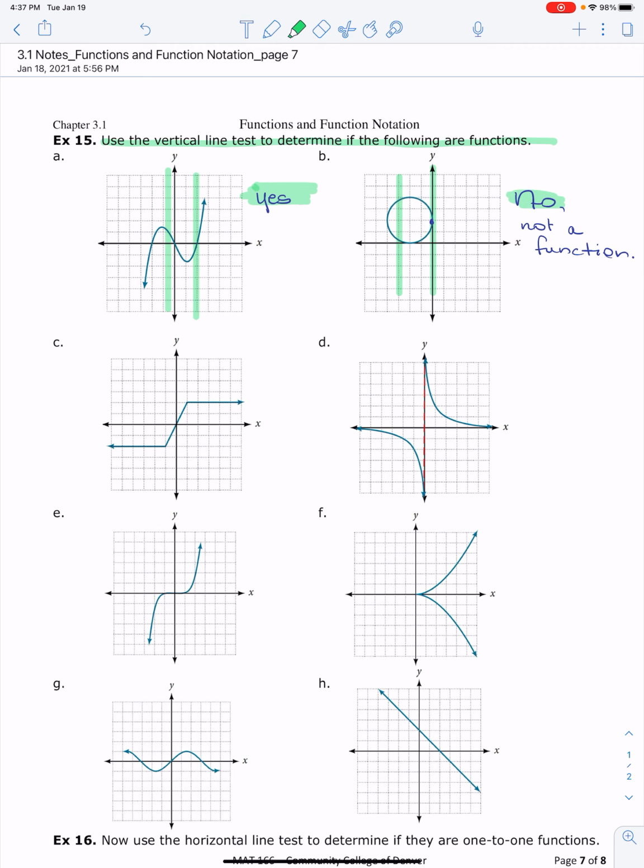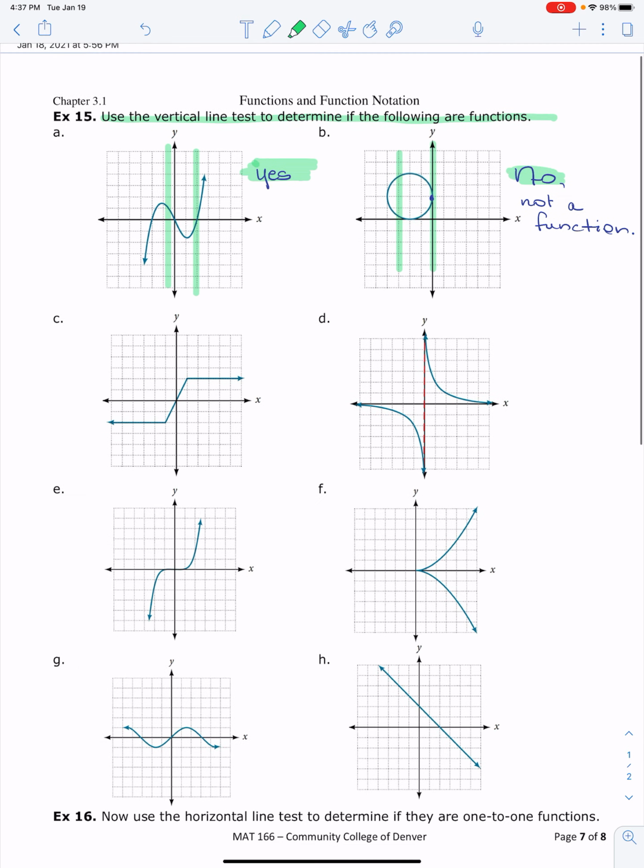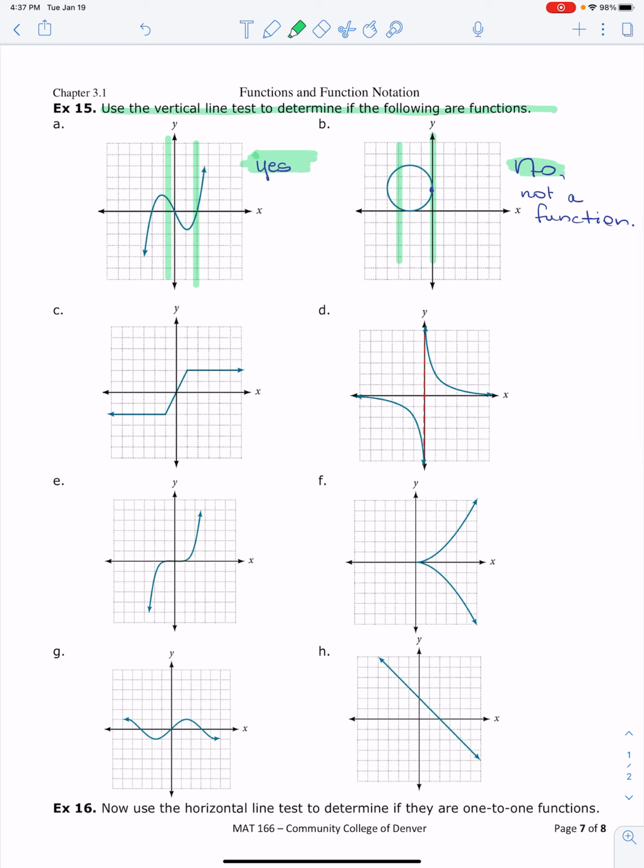I'm going to try to color code because down below, we're going to use a horizontal line test to determine if something is one-to-one. So right here, only hits once. You don't always have to draw more than one. So this one's a yes.